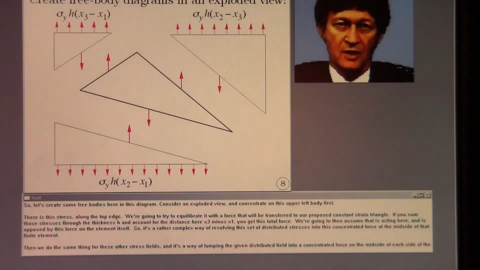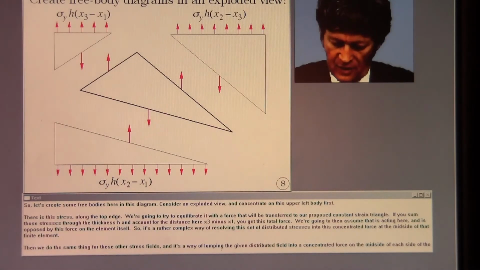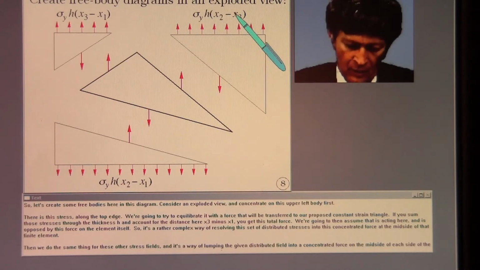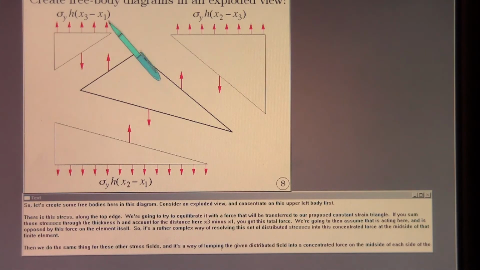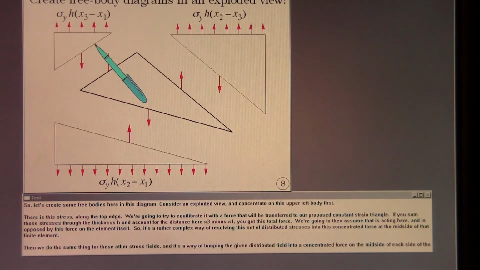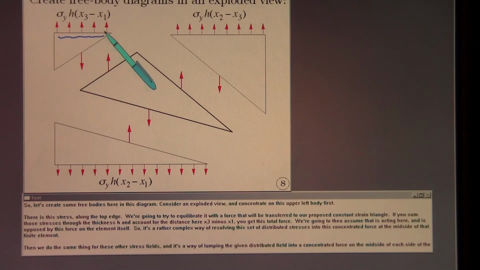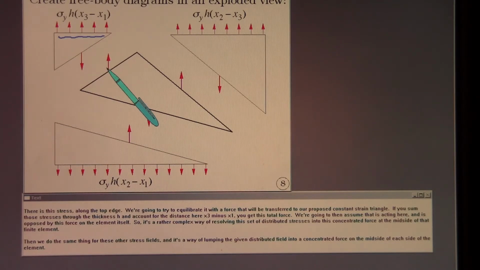So let's create some free bodies here in this diagram. Consider it an exploded view and concentrate on this upper left body first. There is this stress along the top edge. We're going to try to equilibrate it with a force that will be transferred to our proposed constant strain triangle. If you sum those stresses through the thickness h and account for the distance here, x3 minus x1, you get this total force.